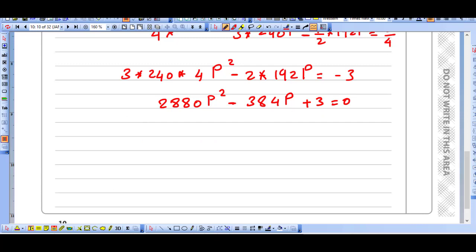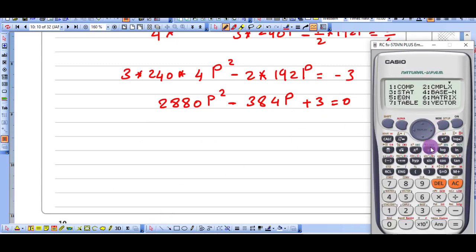So let me bring my calculator now. Menu 5 and then 3. 2880 equal. And then minus 384 equal. And then 3.